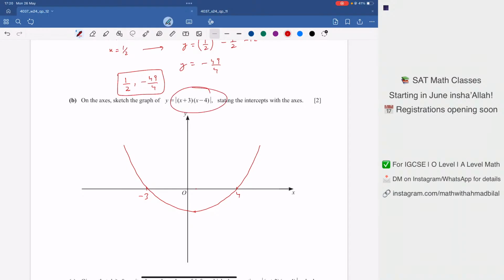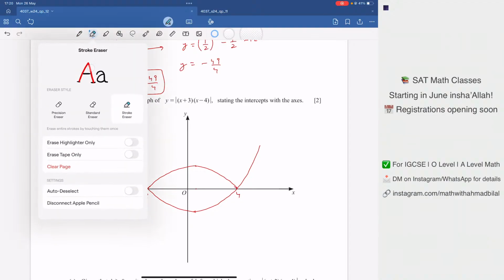But now you have a modulus. What do you do for that? Because of that modulus, you reflect this part in the middle, and it becomes like this. And you remove that part below.